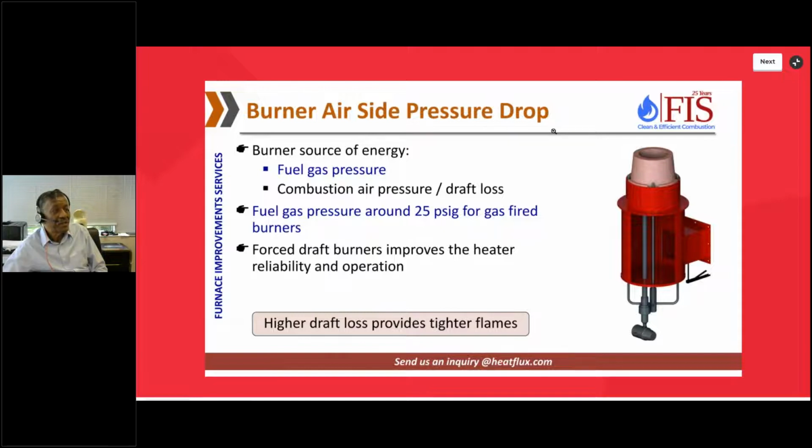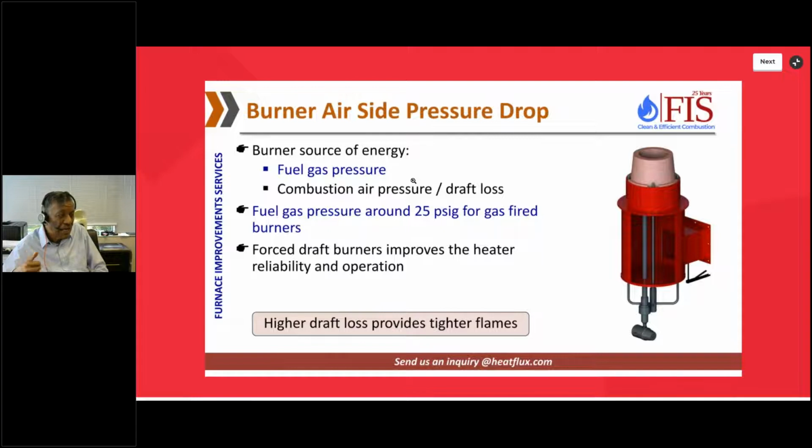Then there is burner air side pressure drop. If you look at the burner and the flame, we are using two sources of energy for mixing and generating a flame. We have fuel gas pressure, and then we have the combustion air or the draft loss. Fuel gas pressure, typically we use 25 psi, and air pressure is very, very important, especially because the volume of air is anywhere between 15 to 20 times the volume of the fuel gas.